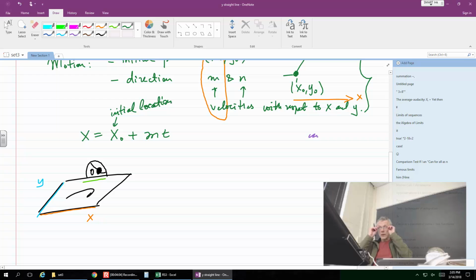Then naturally I now do the same with the y-axis. So I'm here somehow, and once again I'm looking at what's going on along the axis.